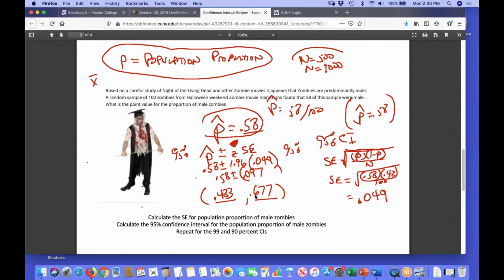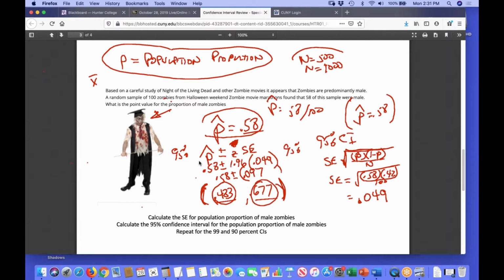Well, that's very interesting, because now if I'm concerned about the likelihood that there are more male than female zombies, I want to show that more than 50% of the zombies are male, right? In this case, I'm 95% sure that the true proportion is between 48% and 68%.